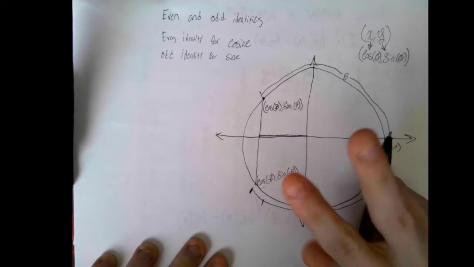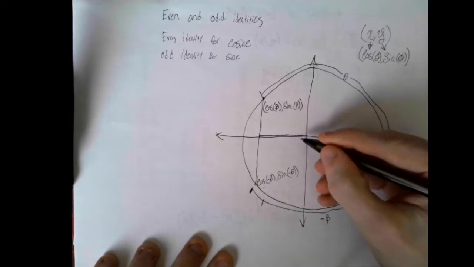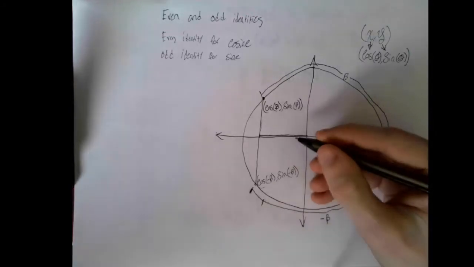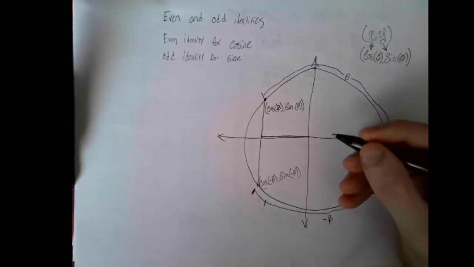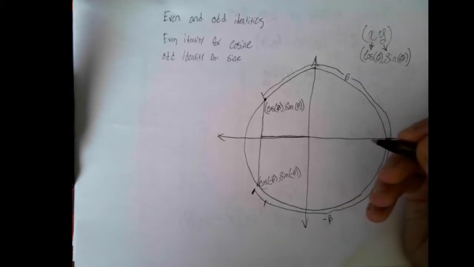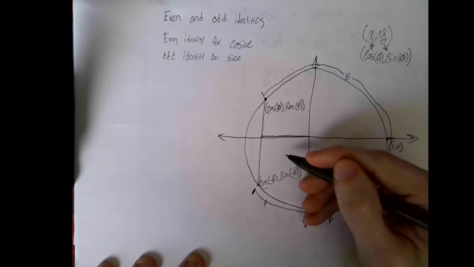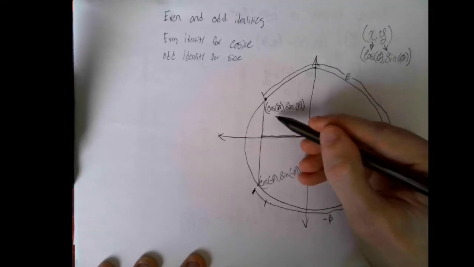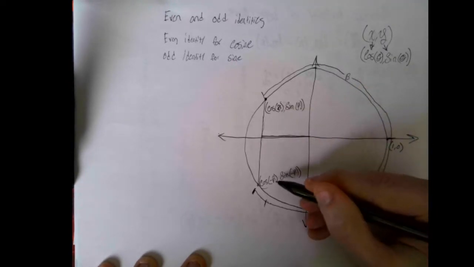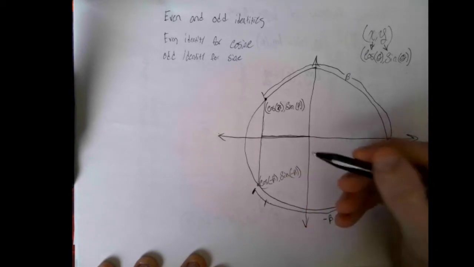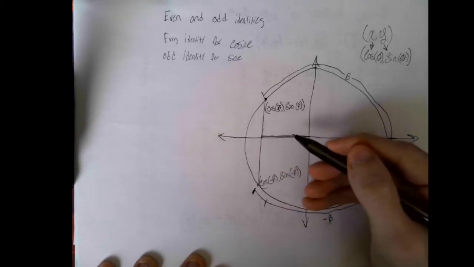But for both of them, we went the same distance across, or we traveled the same path on the x-axis, right? So that is how we know that cosine is even, because whether the angle is positive or negative, the output is still going to be the same x value.